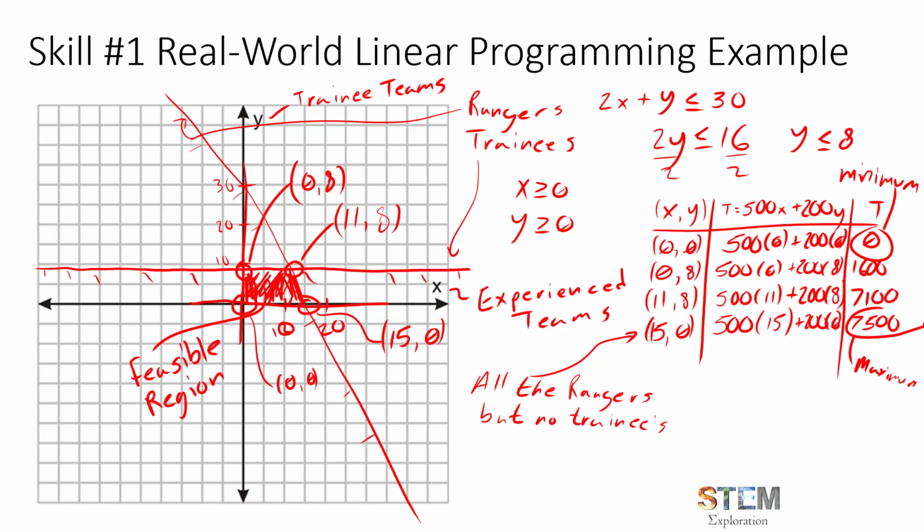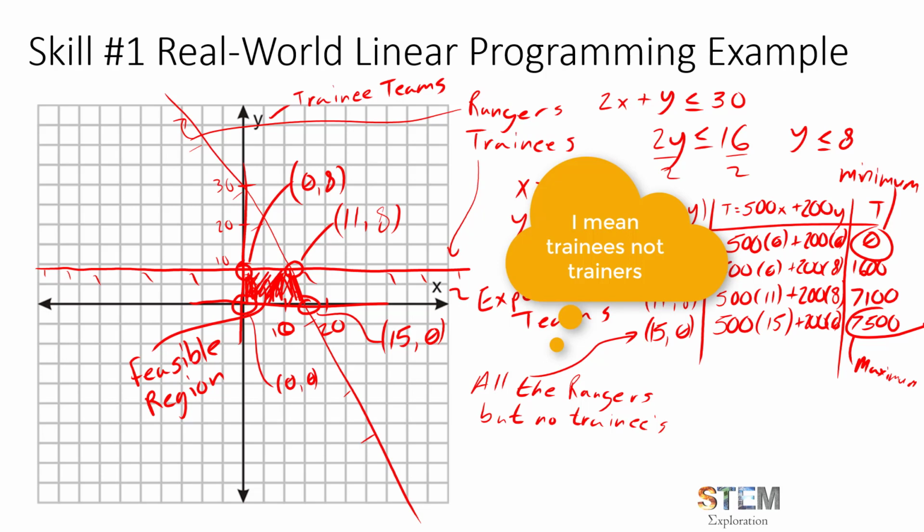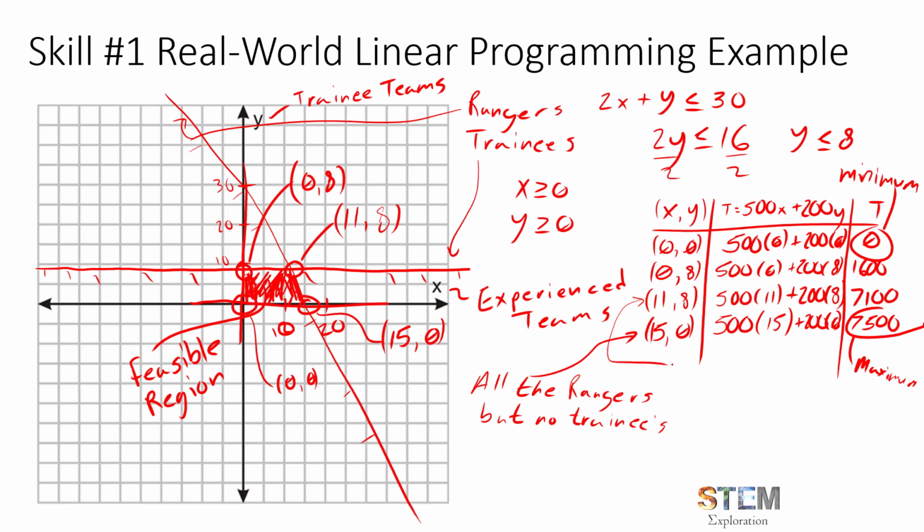So with a problem like this, we could say, well, if we had 11 experienced teams and 8 training teams, it's going to use all 16 trainers, and it's also going to use all 30 rangers. So in terms of this type of example, this situation uses all the rangers and trainees.